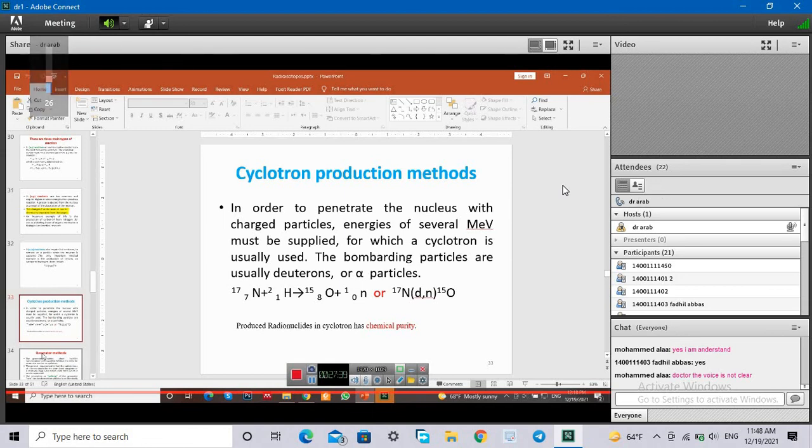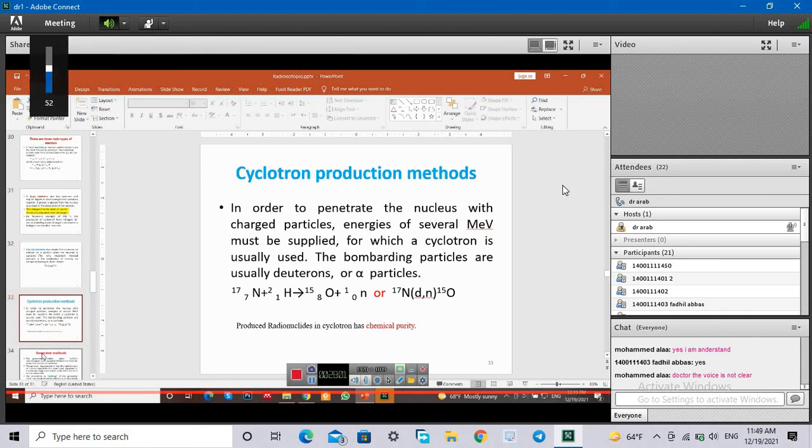Same as fission, in a cyclotron the produced radionuclide daughter has chemical purity. That is very, very important. It is important to know in medicine. Again, I say in medicine, we should use radionuclides with short half-life and with high chemical purity.